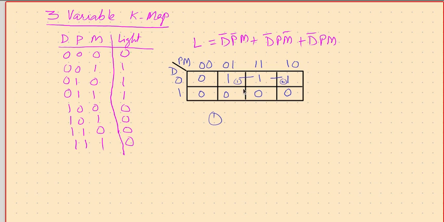Pair number one talks about D bar P bar M, or D bar P M. In this case, D bar is common and M is common, and P bar or P are left inside, so they get eliminated, so we are left with only D bar M.